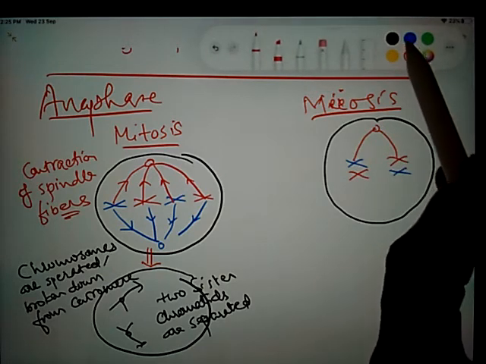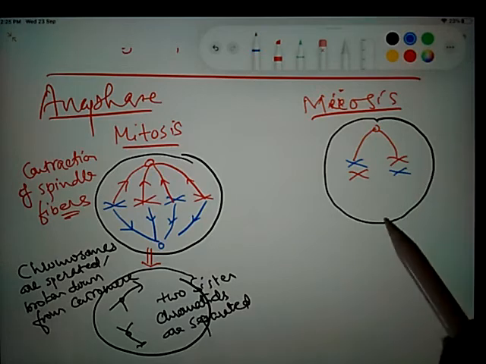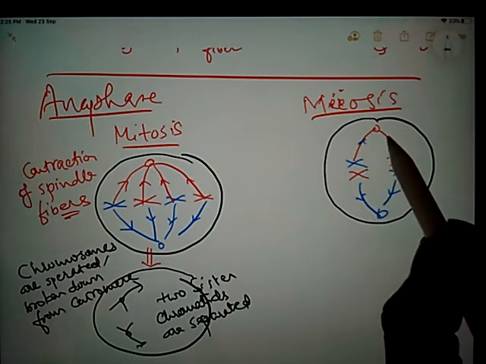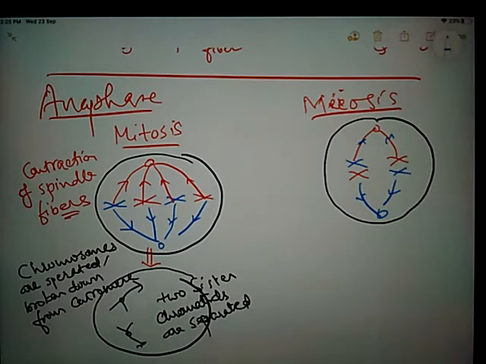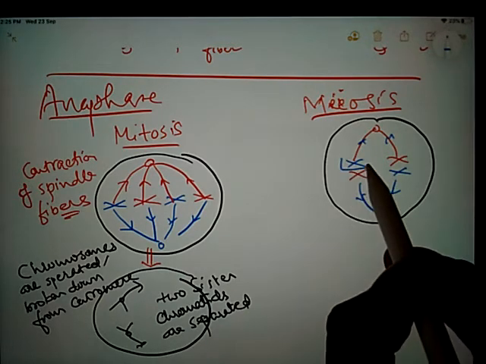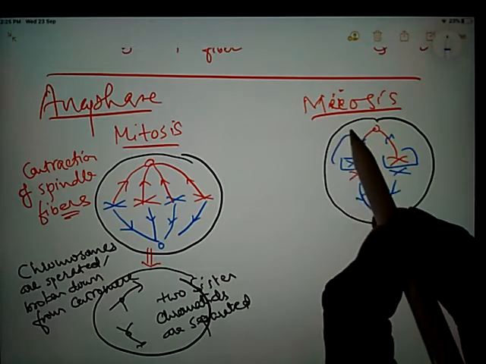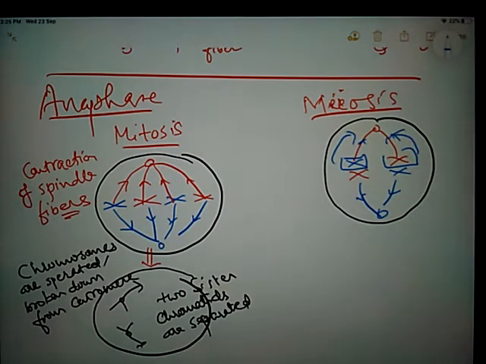It is condensing, or the contraction definitely is going to happen at their respective polar region of the spindle fiber. But the entire chromosome is moving towards their polar region. That is what the difference. So there is no separation or broken down from the region of the centromere of any of this chromosome.